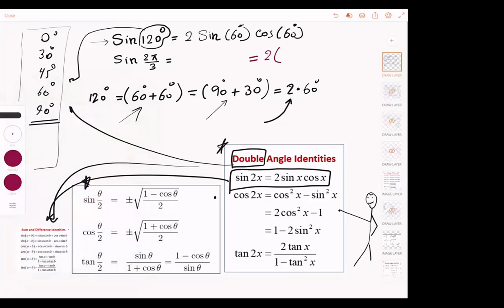Sine of 60 is radical 3 over 2. Cosine of 60 is 1/2. If we multiply, we get 2√3/4, which is √3/2.